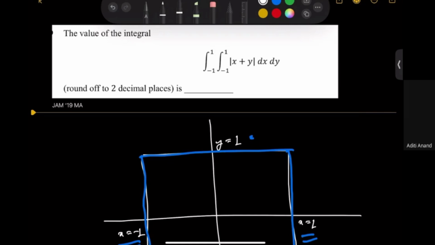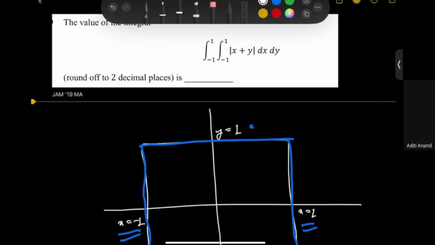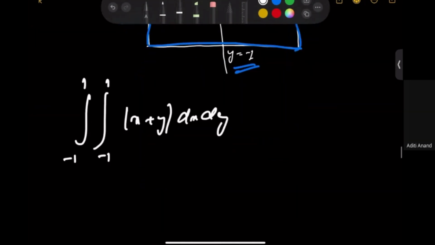So we can break the integrals. First we take -1 to 1. Then break the integrals next term from -1 to 0 and 0 to 1. Can you tell me the reason behind that, why we should be breaking that way?